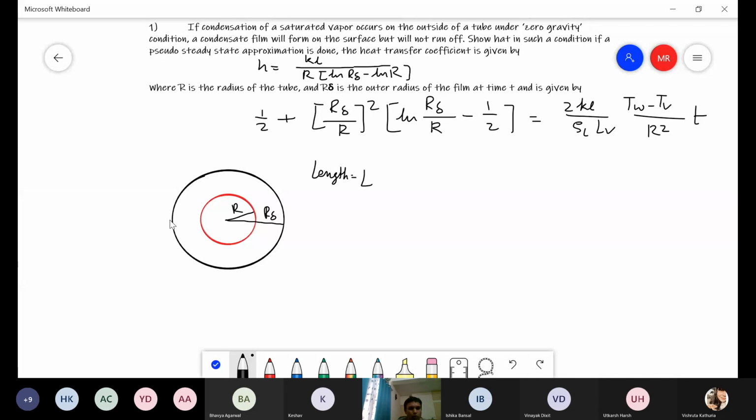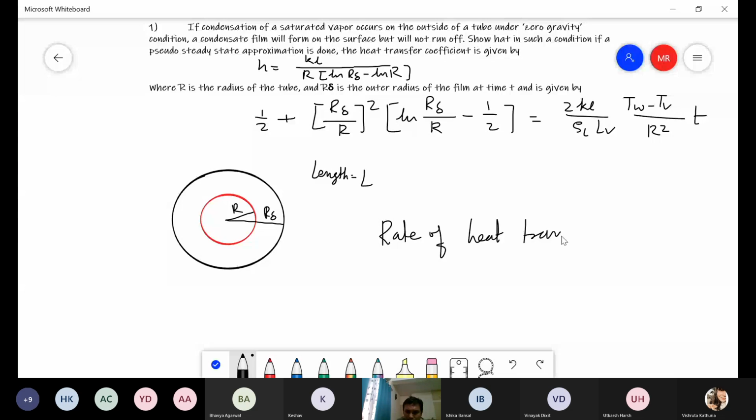Now in this case the rate of heat transfer is given as Q. Remember this is a cylindrical system, isn't it?